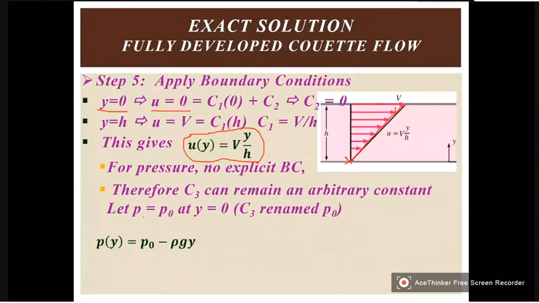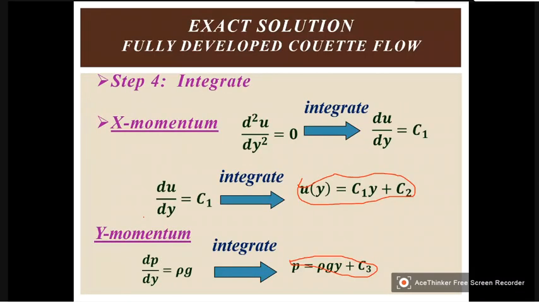If you substitute in this equation, P naught is equal to 0 plus C3.